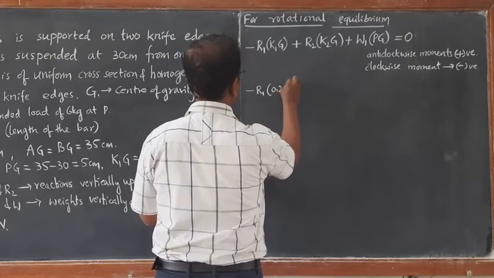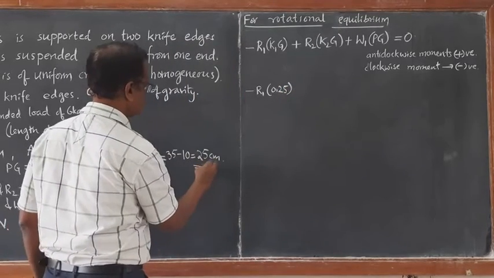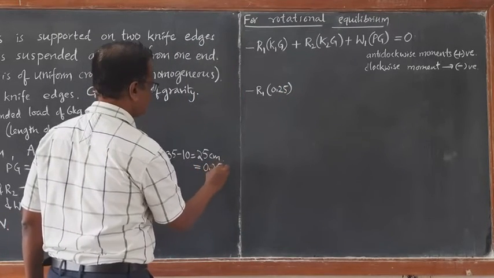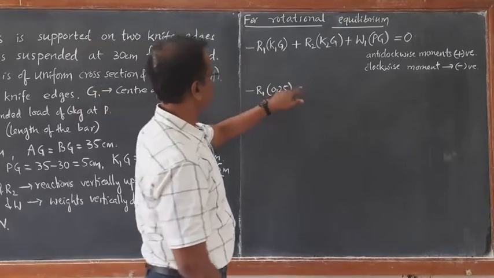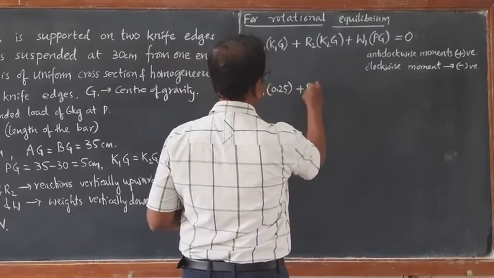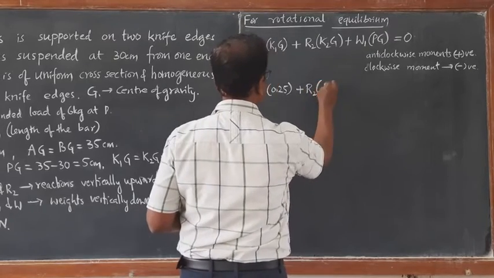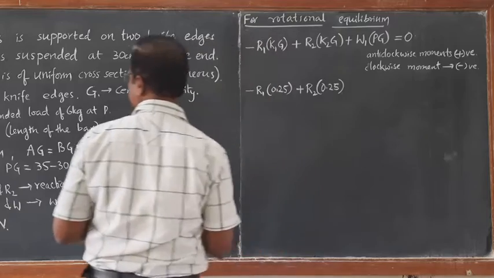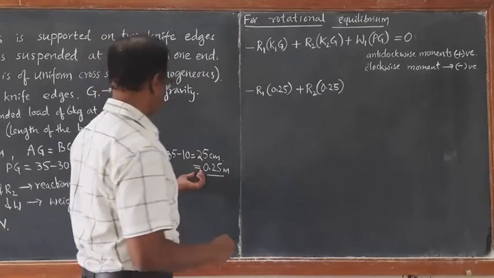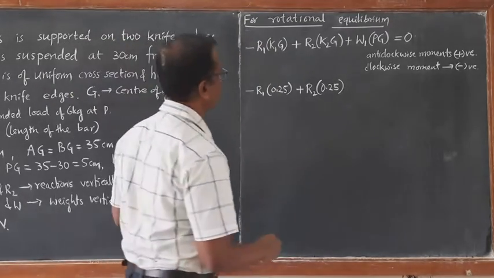Converting it into meters, it becomes 0.25 meter. So minus R1 into 0.25 meter plus R2 into K2G, that is also 0.25 meter.